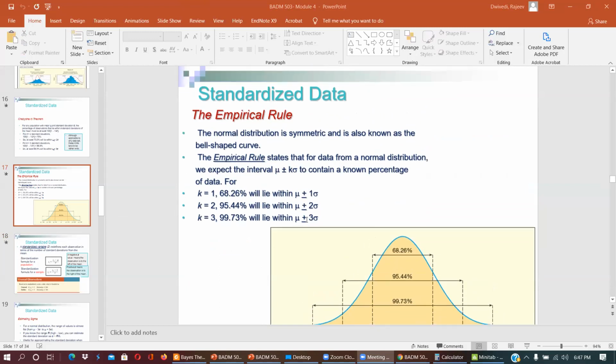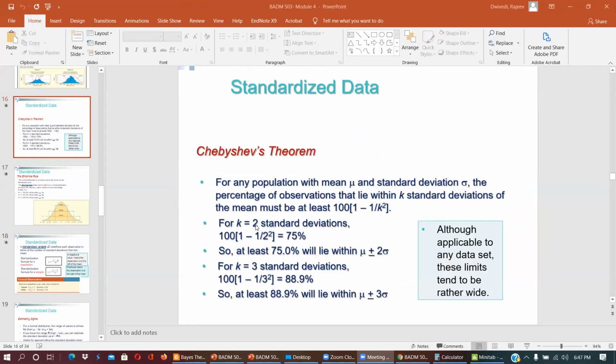And there's also this rule. Here mu plus minus 2 sigma, 1 sigma, and 3 sigma, at least 89% will lie within mu plus minus 3 sigma. So basically this is the one thing. Plus minus 2 sigma, how much? 75% of data will be here.